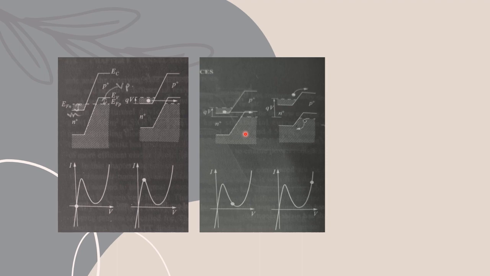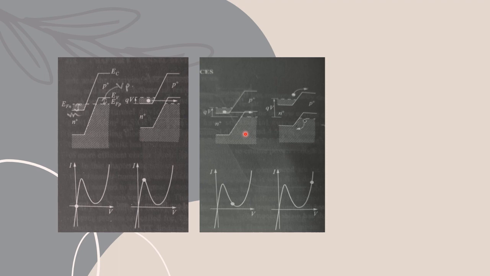Next, if forward voltage is applied such that the bands are uncrossed, that means the edge of the N-type conduction band is exactly opposite to the top of the P-type valence band, there are no available states opposite to the filled states. Thus at this point the tunneling current can no longer flow, right?